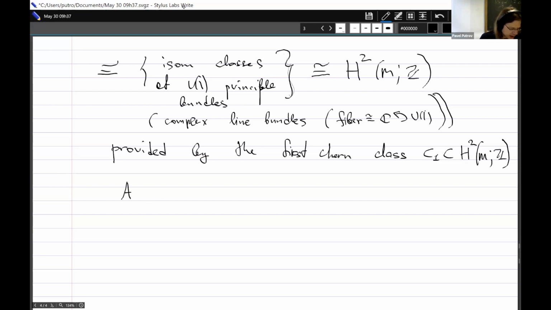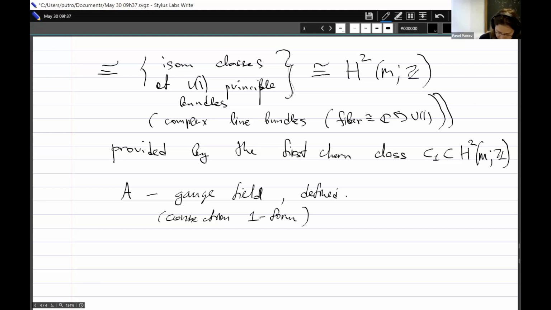We have a U(1) gauge field. So we have a gauge field A. This is a connection one-form, and in general it is defined only locally.